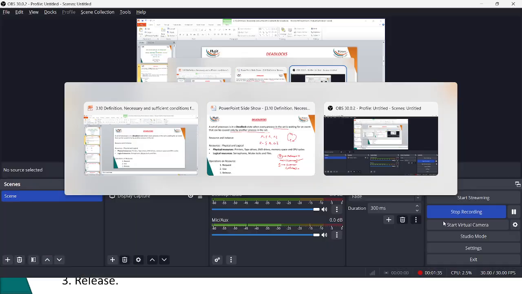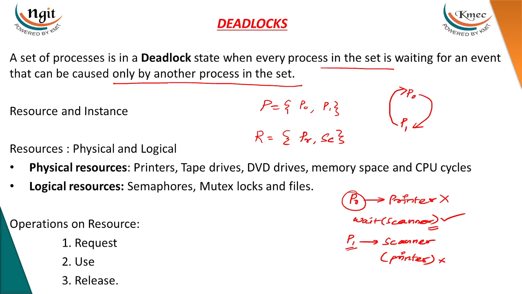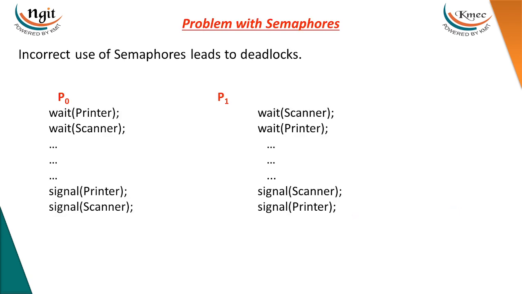So let's see this particular code here, P0 and P1. P0 first invokes wait on the printer, so the printer is allocated to P0. Then after the time quantum, P1 invokes wait on the scanner, so P1 has the scanner.